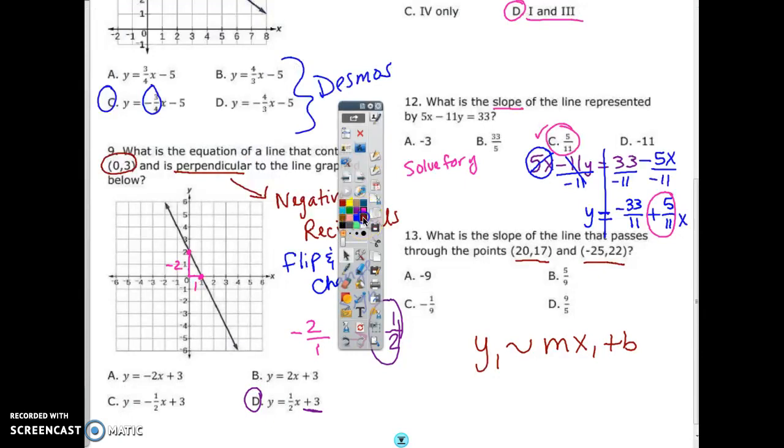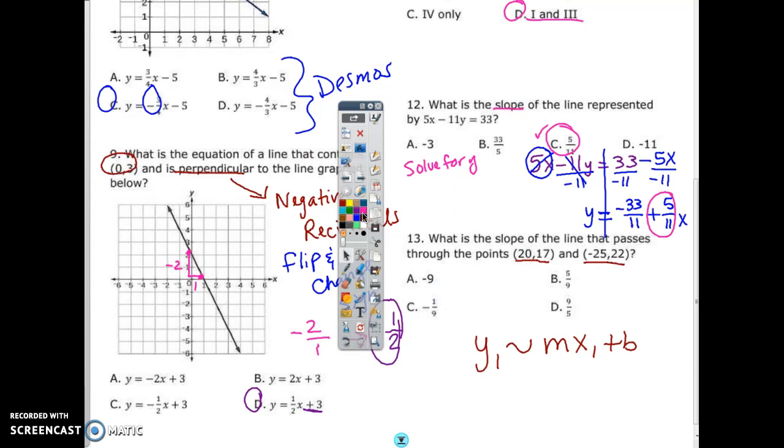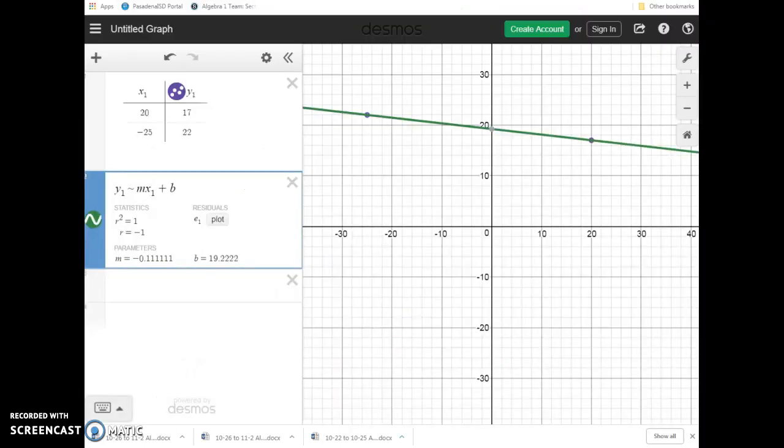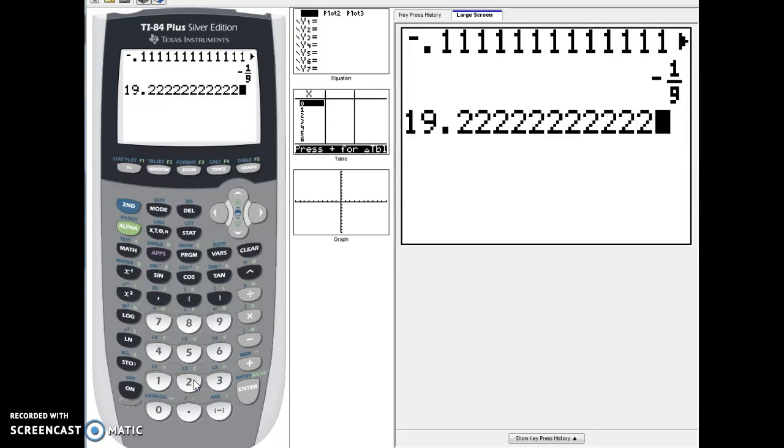Okay, so the answer is C, negative 1/9, because my equation was y equals negative 1/9x, and then my other number was 19.222222, so I can do 19.22222 all the way to the end of the calculator.